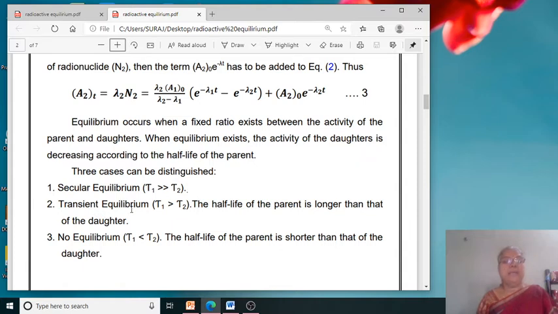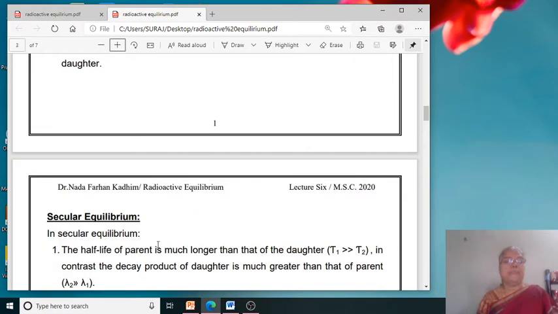Transient equilibrium: T1 is greater than T2, but the half-life of the parent is not much longer than that of the daughter. That means there is not too much difference between the half-lives of parent and daughter. And there is no equilibrium established when T1 is less than T2, that is, when the half-life of the parent is shorter than that of the daughter.